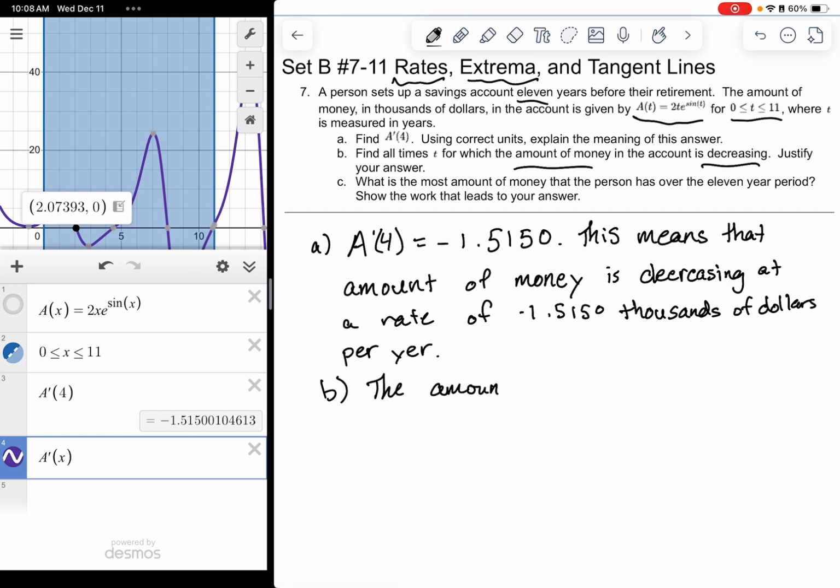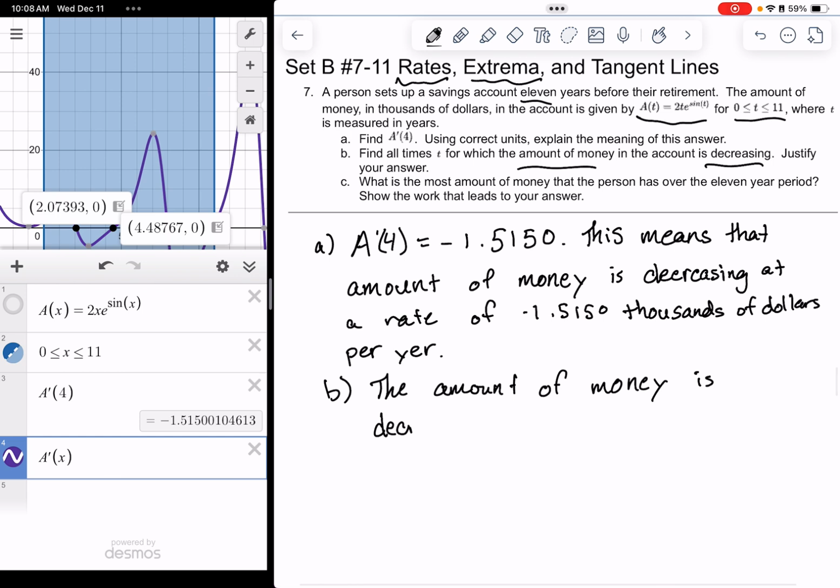So we could say the amount of money, oh wait, it's not increasing, it's decreasing. So it'd be 2.07393 to 4.48767 is decreasing for 2.07393 less than t less than 4.48767.